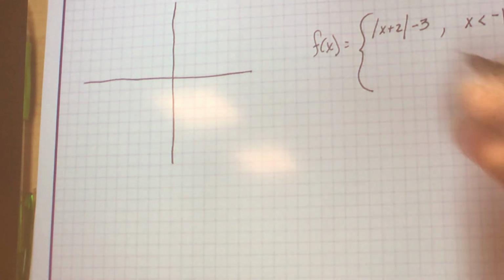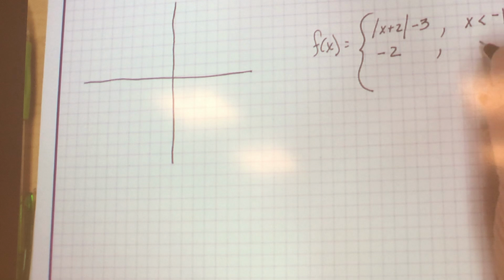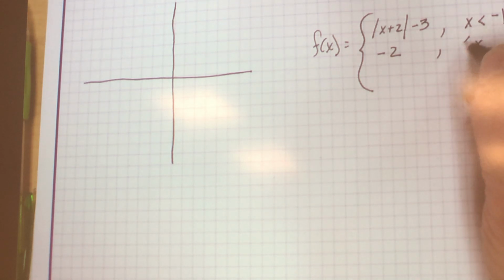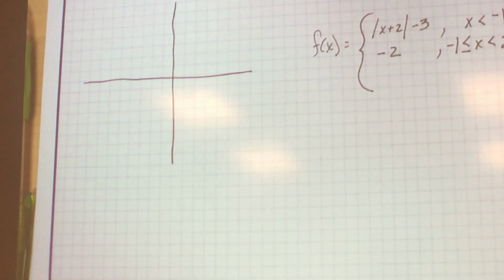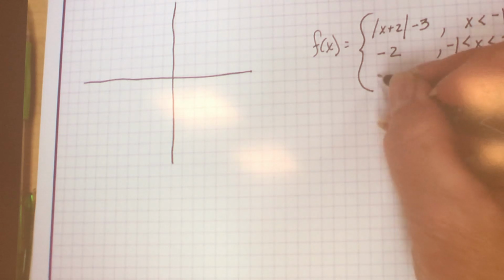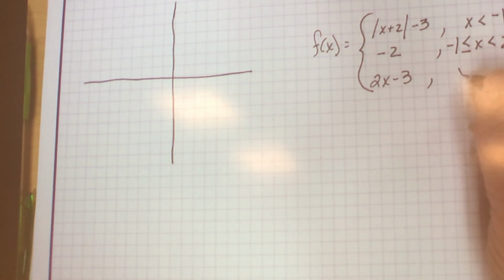All right, the second equation, negative 2, comma, when x is greater than or equal to negative 1, less than 2. And then 2x minus 3, comma, x is greater than or equal to 2.